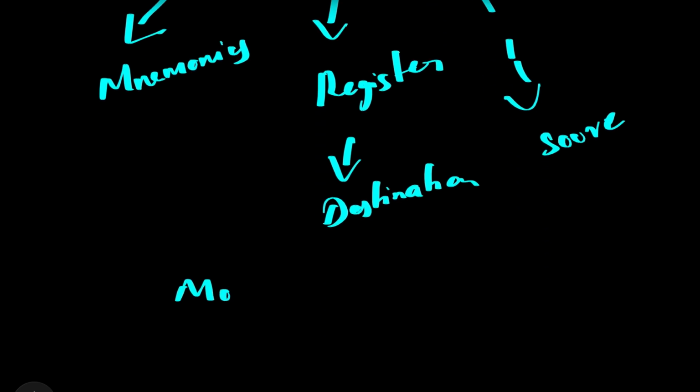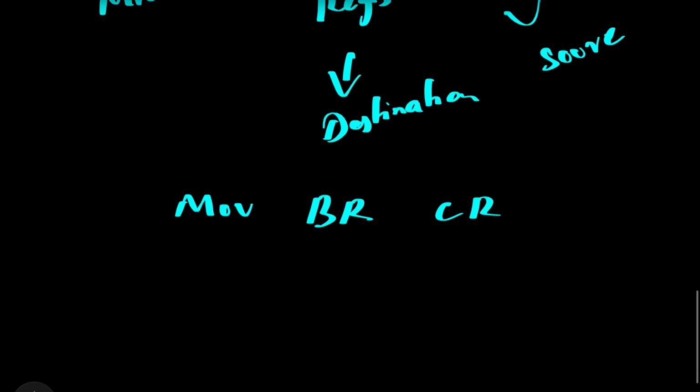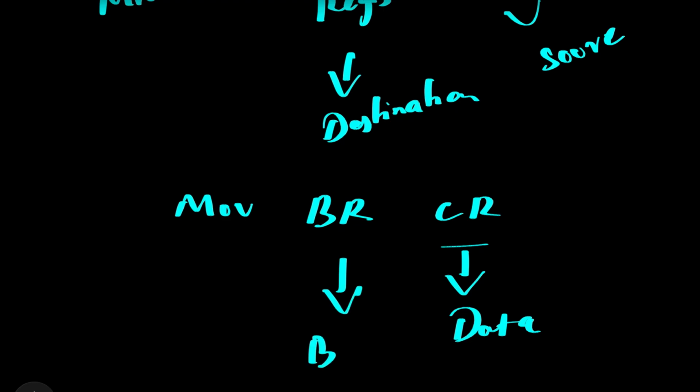Let's go for one more example, like MOV BL, CL. Instead of giving the constant, now I'm asking the CPU to fetch the data that resides in the register called CL, and that data has to be moved and pasted into the register BL.